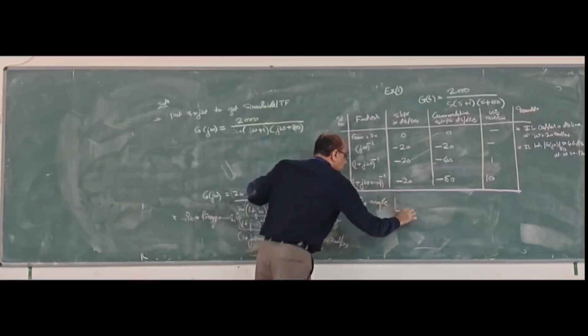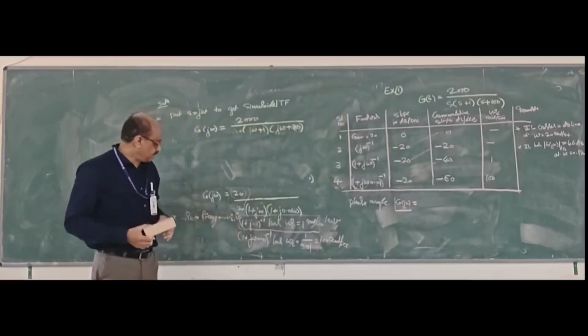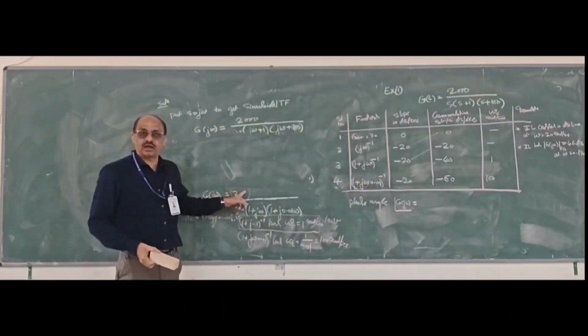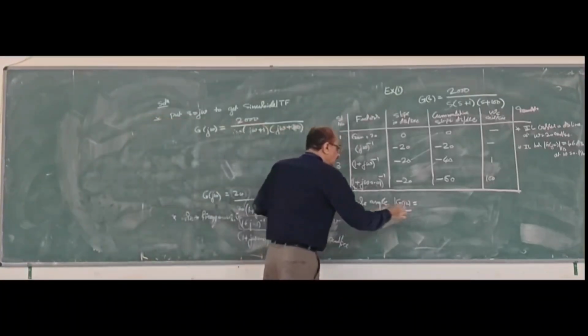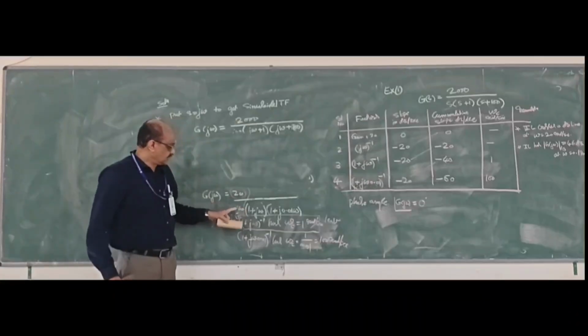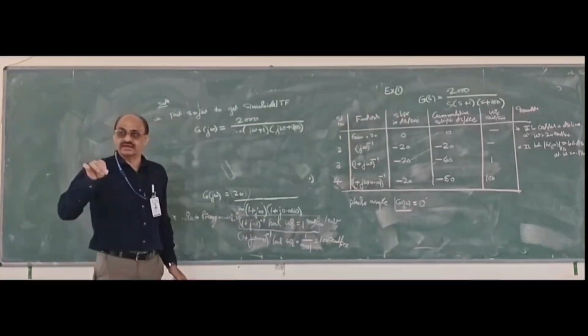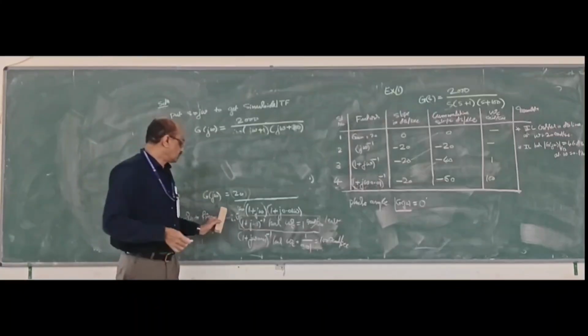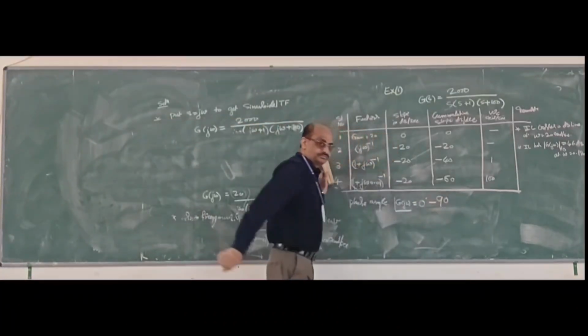Phase angle of G(j omega) equals, as we have already summarized, the gain K contributes 0; nothing will contribute. One pole at the origin contributes minus 90, with n equal to 1. So it contributes minus 90.